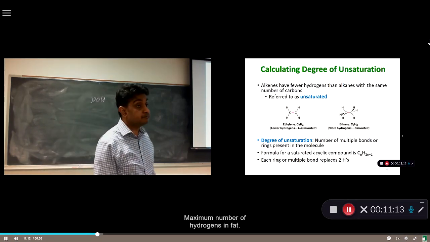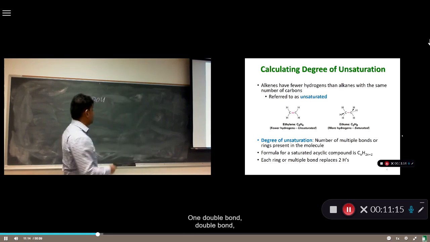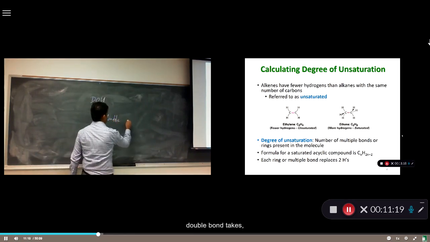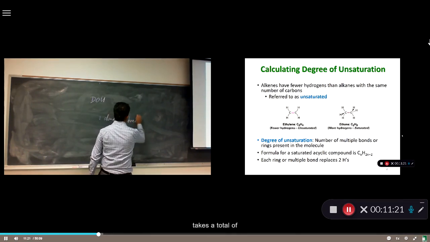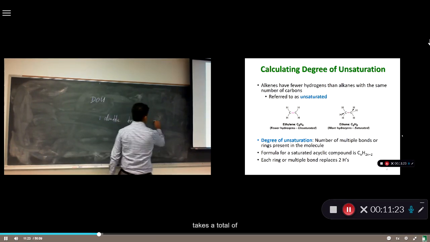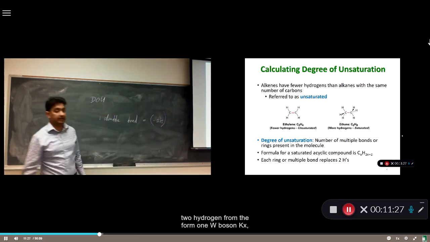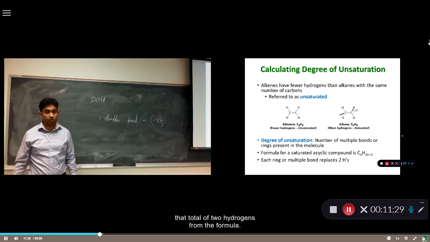In fact, one double bond takes a total of 2 hydrogens from the formula.